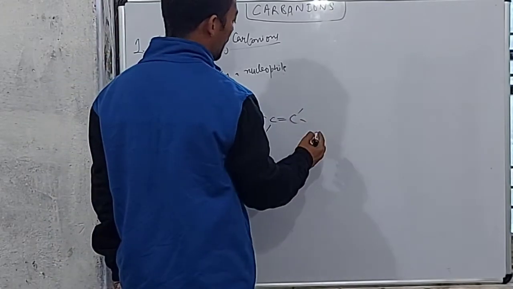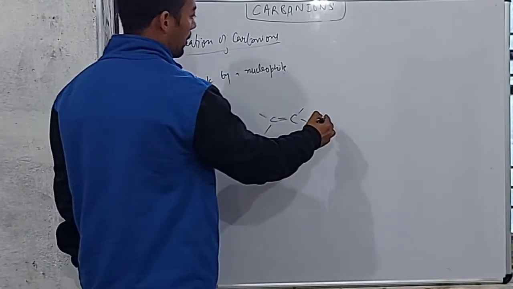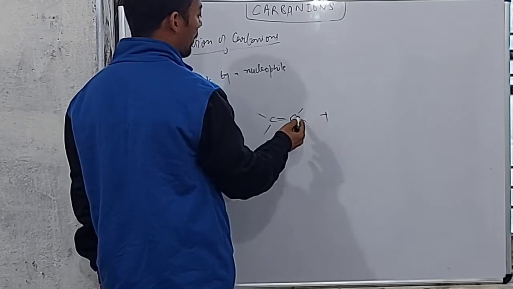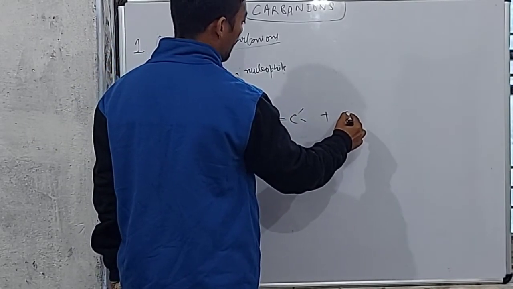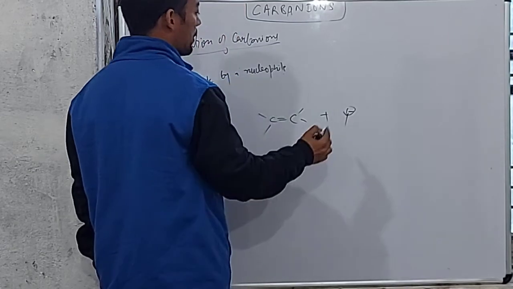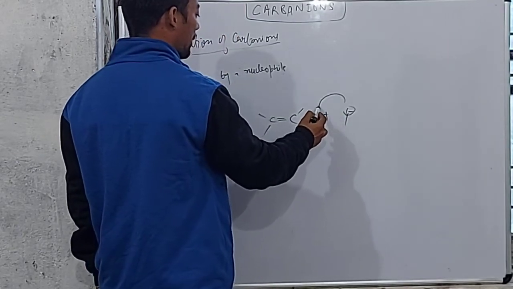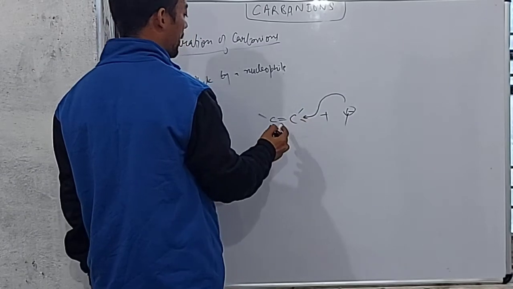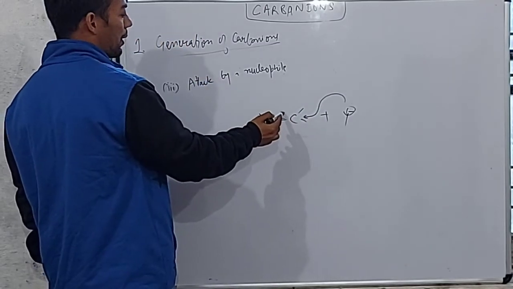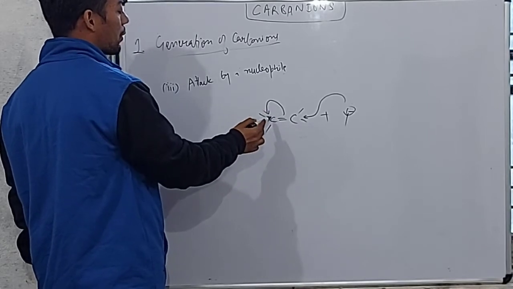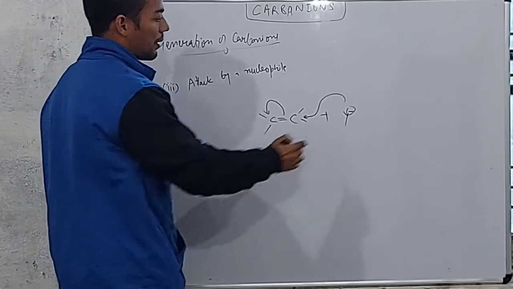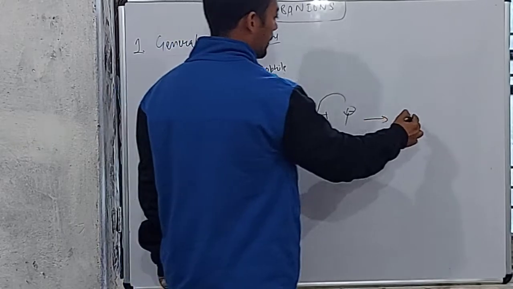When we make a nucleophile attack this particular molecule, suppose we have Y negative as the nucleophile. Y negative will attack here, and this double bond will be broken so that the electrons of the double bond will go on this carbon.